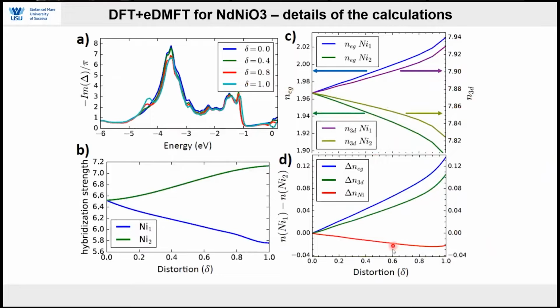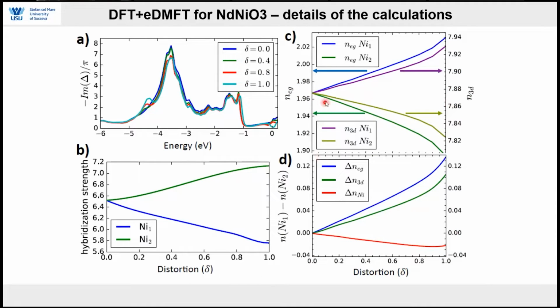So what I'm plotting here, if I go in the metallic state, both nickels have, for example, 1.97. This is the charge in my eg orbital. If I look at the charge in the total 3d shell, it's something like 7.87.